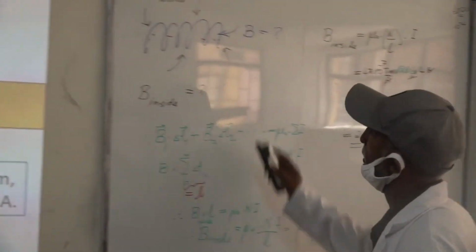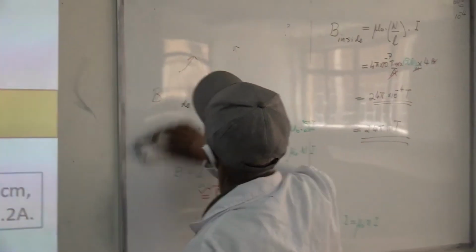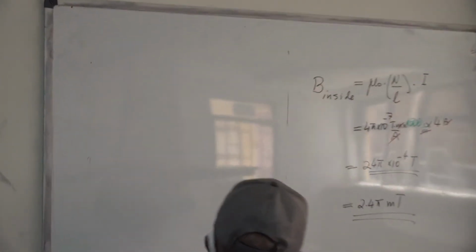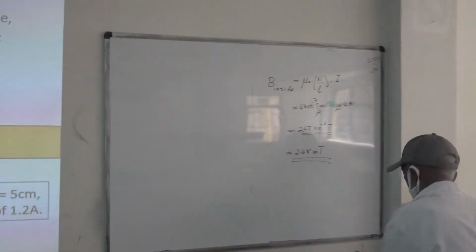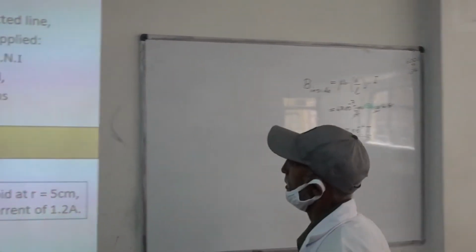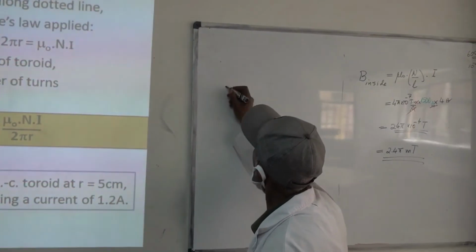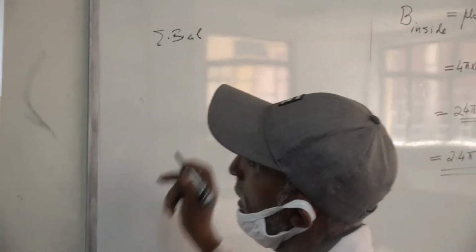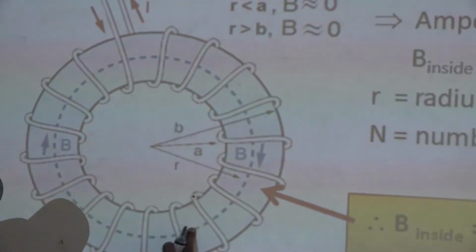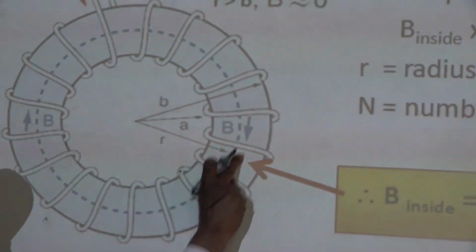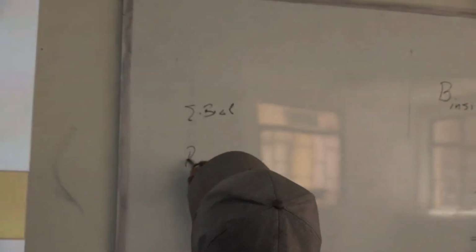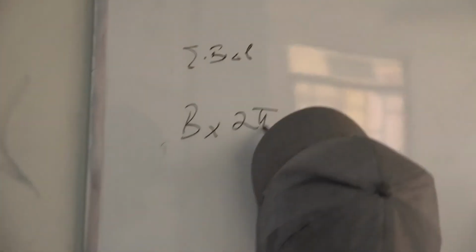So, how much is the magnetic field inside the toroid? It's very simple. You start from somewhere, the sum of B dot delta L. B is the same everywhere when you travel along this way, so B will be factored out, and the sum of delta L will give you simply B times 2 pi r.